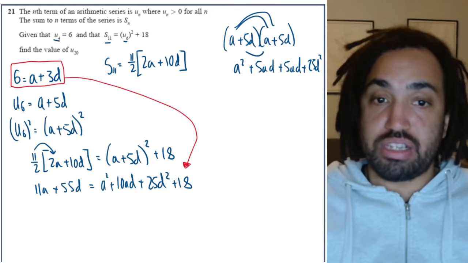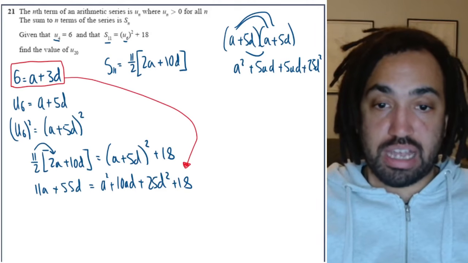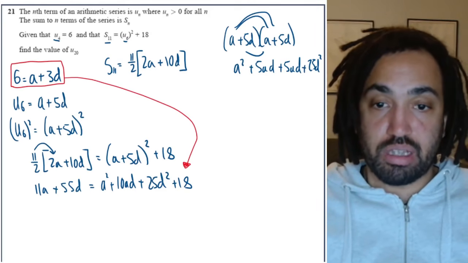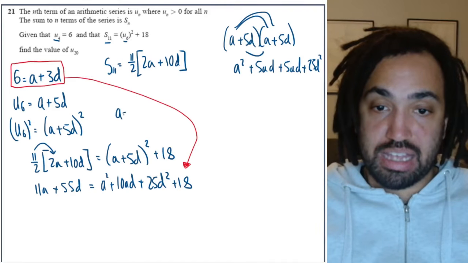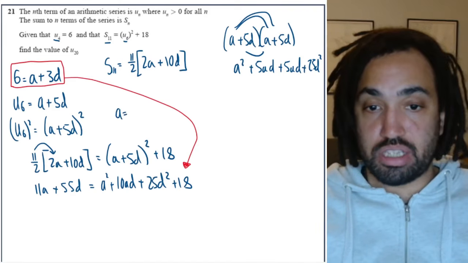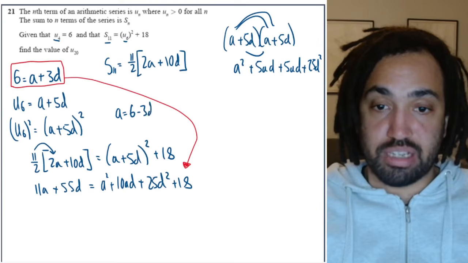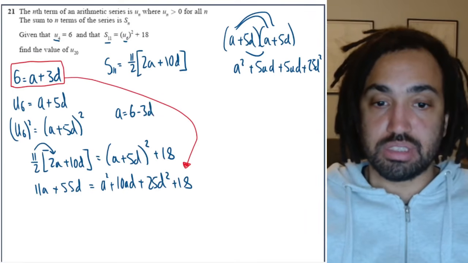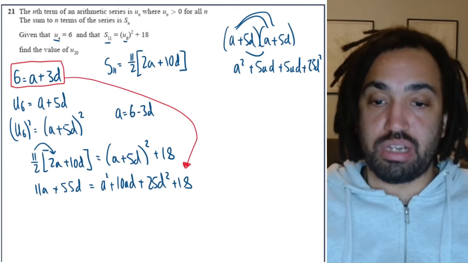So let's rearrange this one so that it becomes A equals 6 minus 3d. Okay, let's replace all the a's with this, and then my equation is only in terms of d.